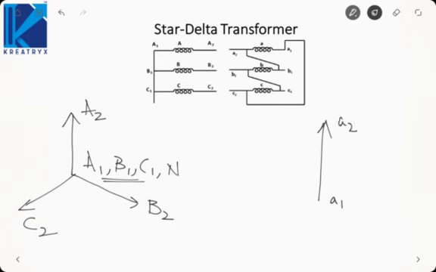A1 up to A2. Now A2 is connected to B1. So B1 to B2 will be like this. Now B2 is connected to C1. C1 to C2 will be like this. Okay. Now we will remove the 1 subscripts.